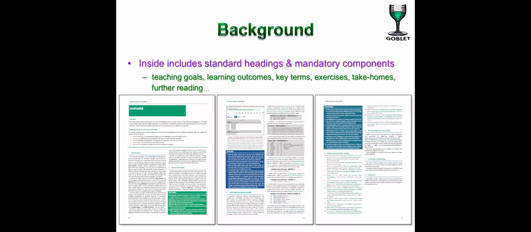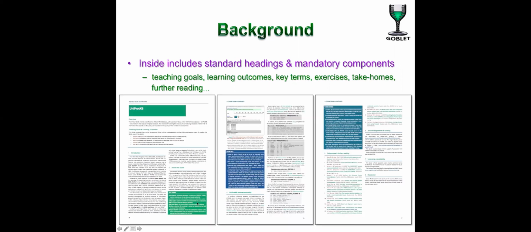So inside the guides, as I say, they have these standard headings and mandatory components. So every guide has to state its teaching goals and learning outcomes, the key terms, exercises and take-homes, and further reading. So you can see those components set out there.